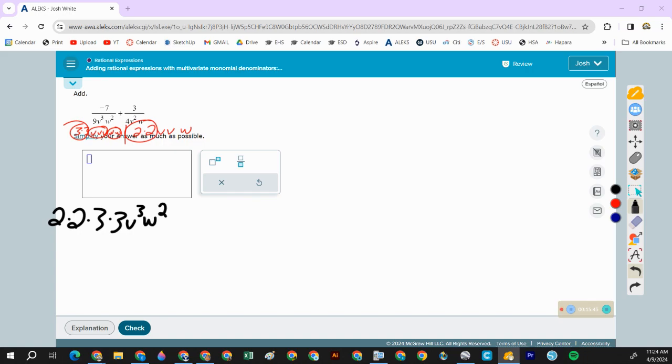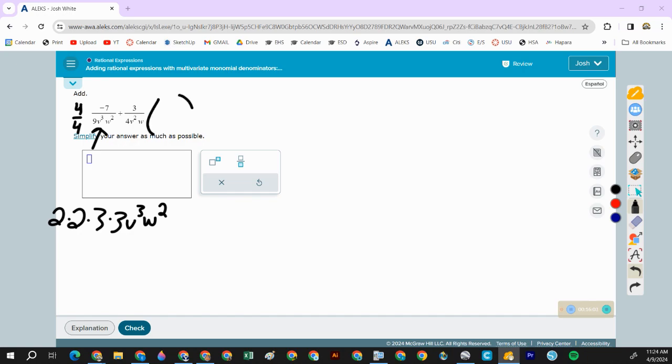Okay? So, what does this fraction lack? A pair of 2's, which is a 4. So I'm going to multiply this side by 4 over 4.